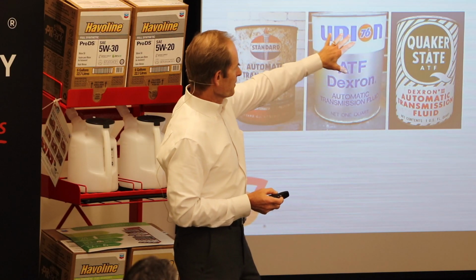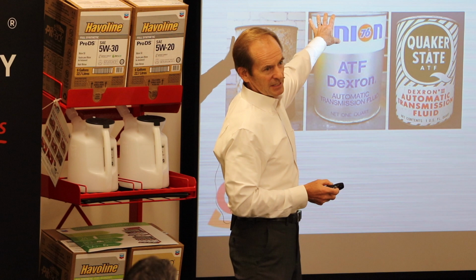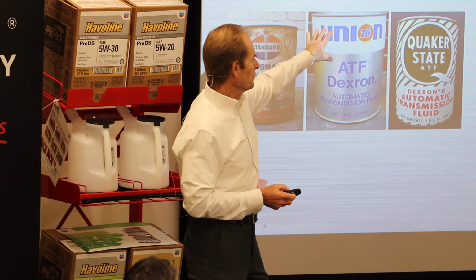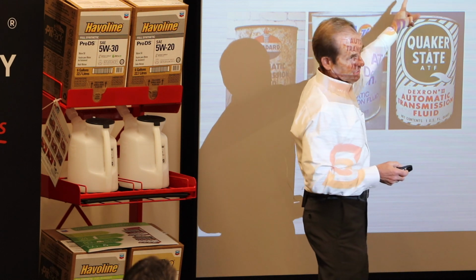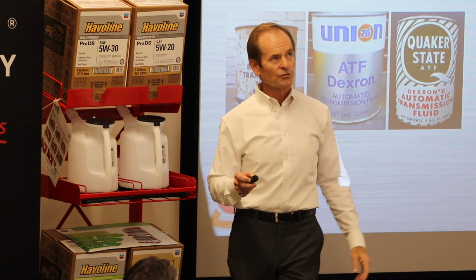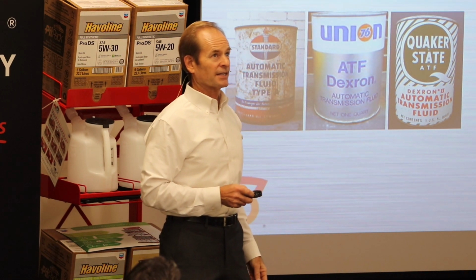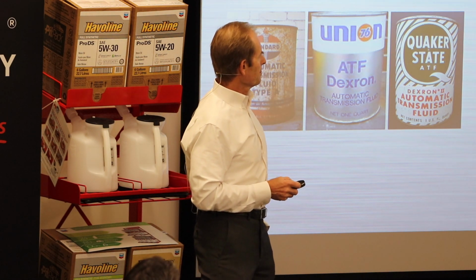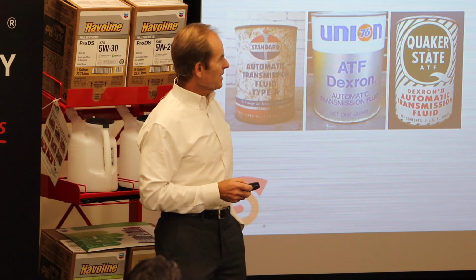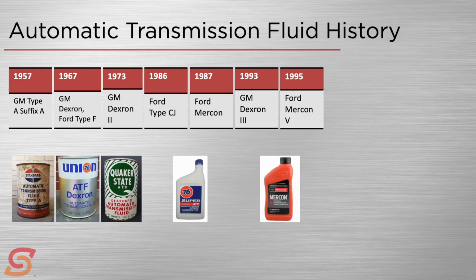And at this point, Ford kind of abandoned this idea of harsh shifts. Okay, so the frictional characteristics of Mercon were like the frictional characteristics of Dexron 2 and Dexron 3, which came up a few years later. And then a few years after that, Ford introduced Mercon 5. All right, so we're getting into more common times.